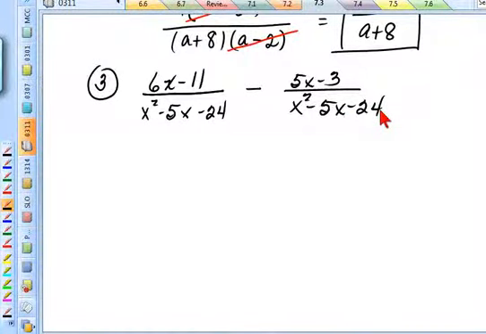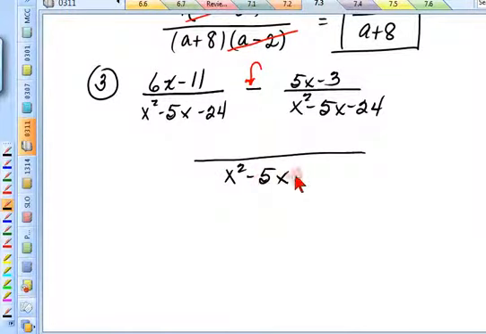Something that I want you to be careful about on this is it is a subtraction problem. That subtraction applies to all of that numerator, so you have to be careful. If you write it as a single fraction, x squared minus 5x minus 24, it is 6x minus 11 minus 5x minus 3.